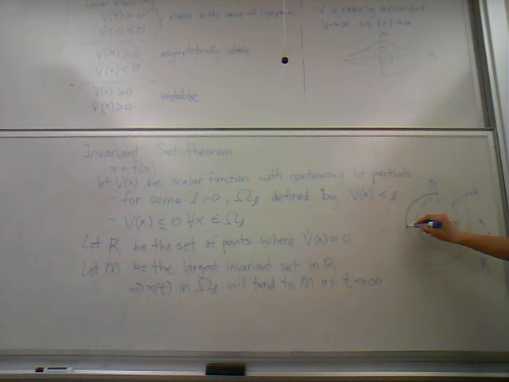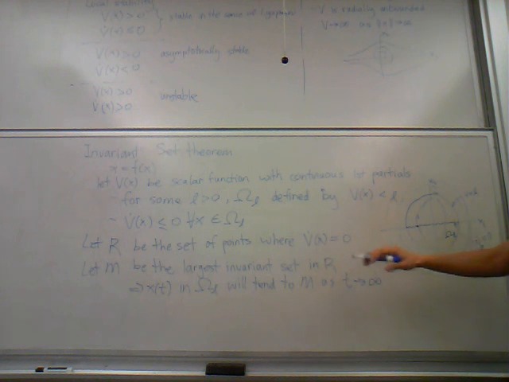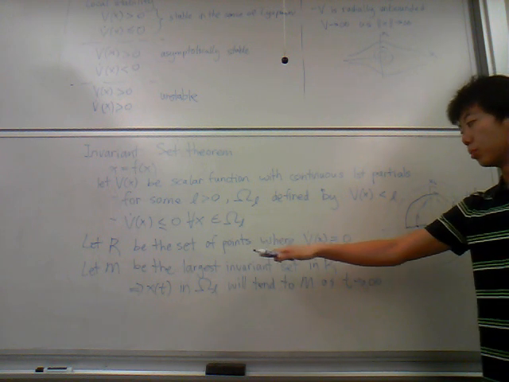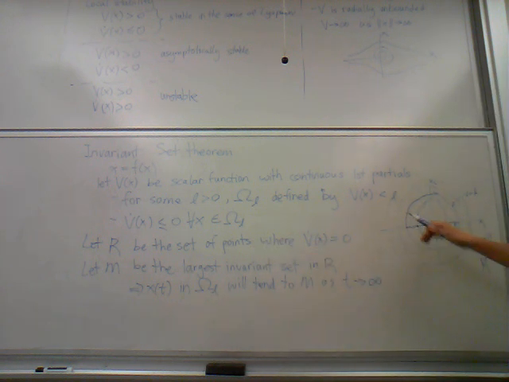But along this line R, where V dot is 0, the trajectory is still moving, so as soon as it enters this set R, it's going to move out of it. So that's not an invariant set. And in that case, you'll find that the only invariant set is, in fact, the origin. So we can say that M, which is the largest invariant set, is just the origin.